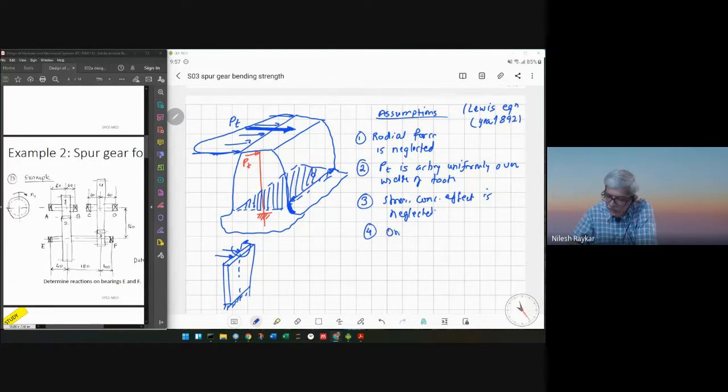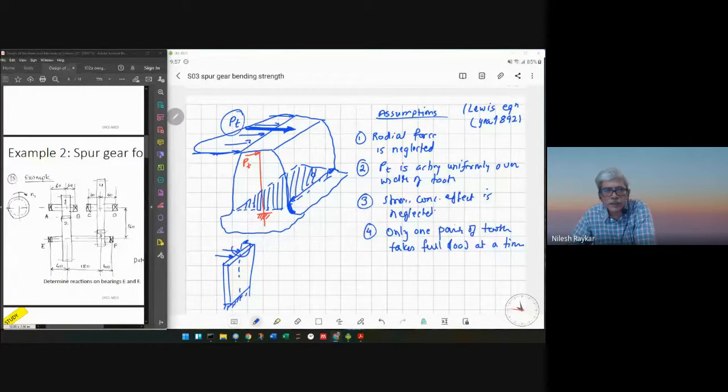And only one pair of tooth takes full load at a time. So we are considering that this PT may be shared by different tooth pairs simultaneously, which means a major part will be taken by one tooth, and the remaining part would be taken by another contacting tooth.